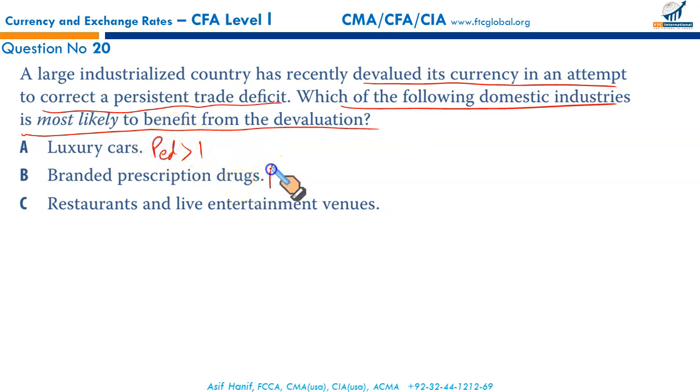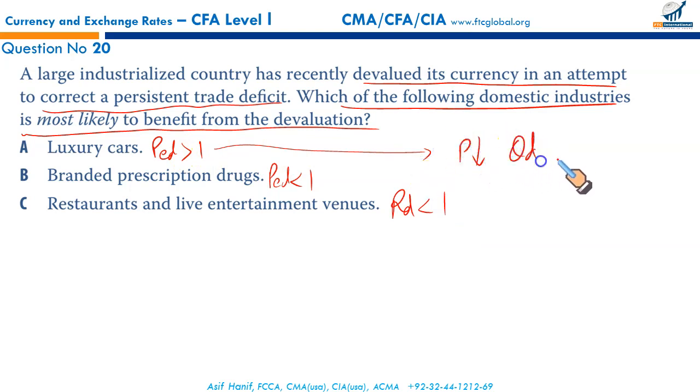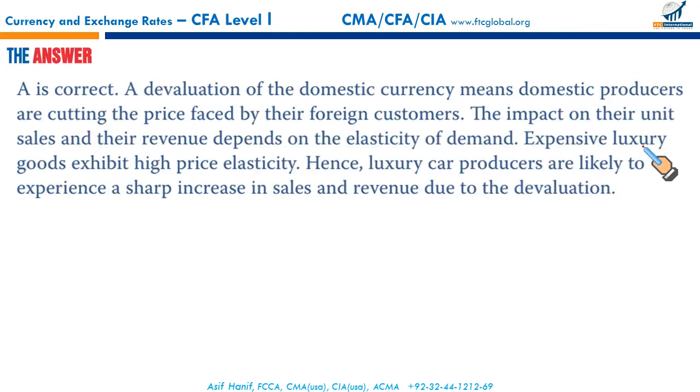Branded prescription drugs, they have PED less than 1. And restaurants and live entertainment venues, PED is less than 1. Which means, where the price elasticity of demand is greater than 1, any decrease in price would result in higher quantity demanded, so it will offset the trade deficit, so the trade deficit would reduce. So that makes A the correct option.